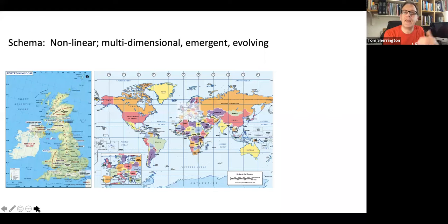Over the years that you have been learning about geography, your knowledge of the world will have developed and developed. It would be hard to sequence that into a neat order. You just gain more and more depth. It's an emergent, evolving process. And that is what schema building is like. In most knowledge domains, you deepen and widen over time.